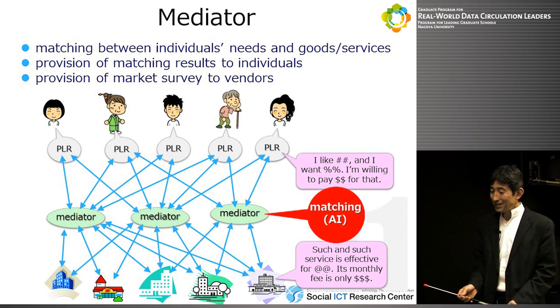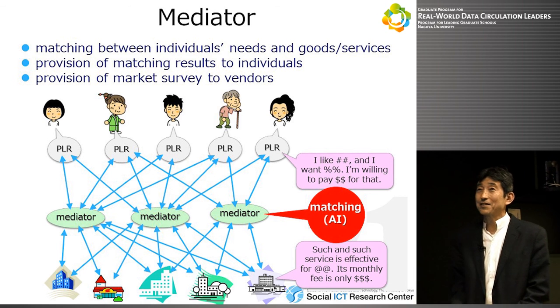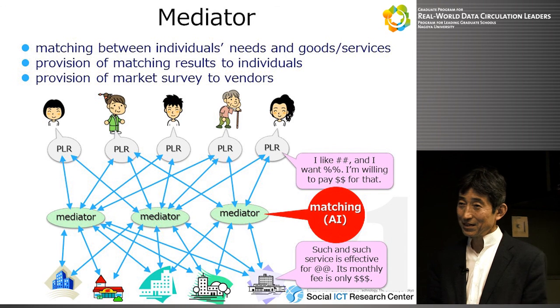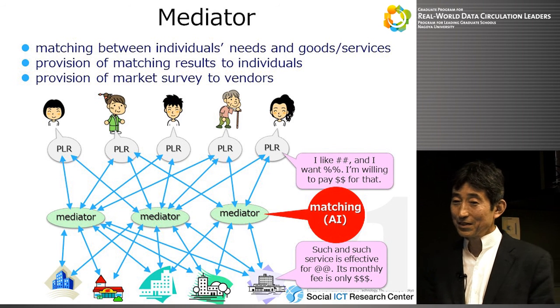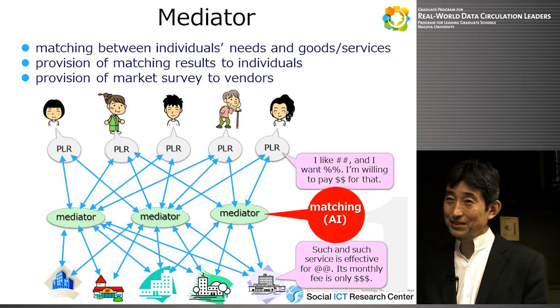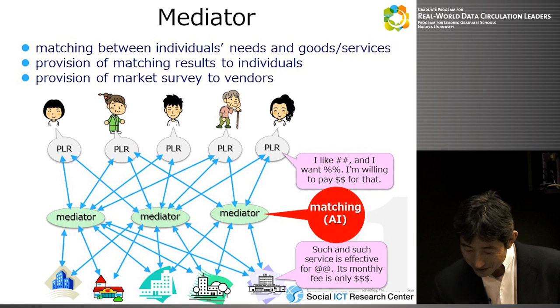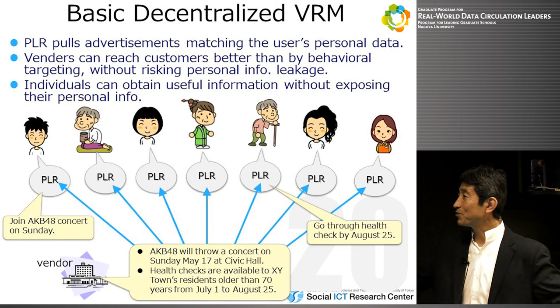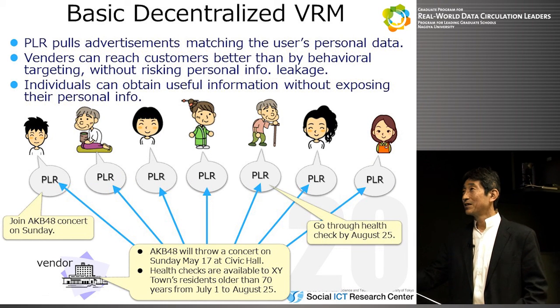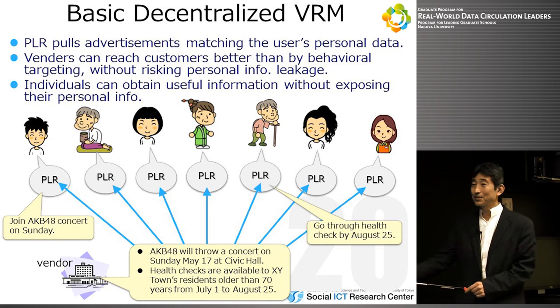Maybe in Japan, there are as many as 130 million individual consumers versus more than 4 million vendors, even in Japan. So it's impossible for each customer to search the databases of 4 million vendors, right?